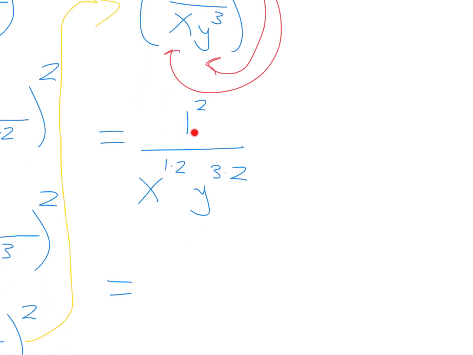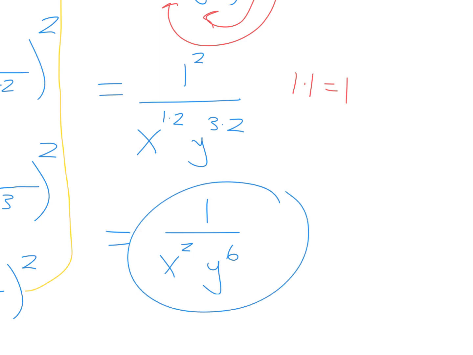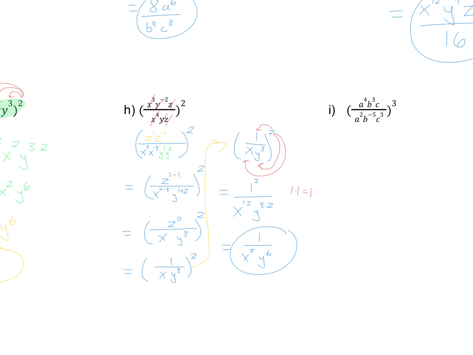What's 1 squared? Well, it's just 1 times 1, which equals 1. So it's kind of redundant, but our numerator is just 1. Then in our denominator, we get x squared and y to the 6th power. And that is our final answer for problem H.